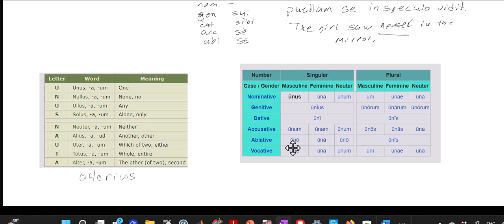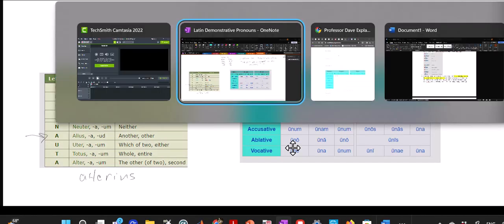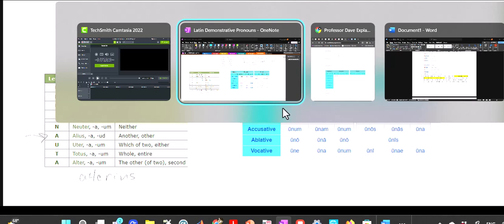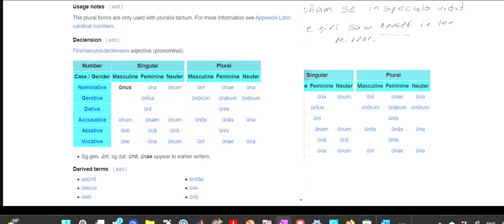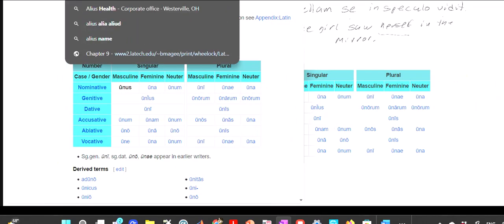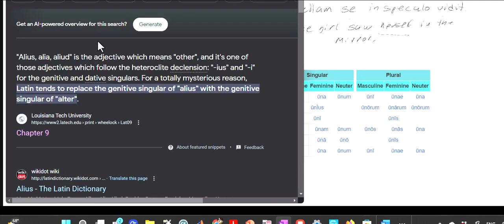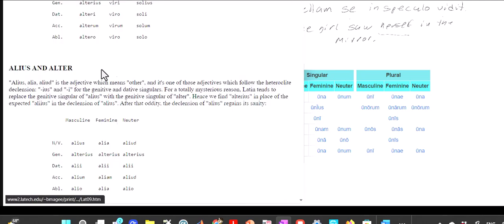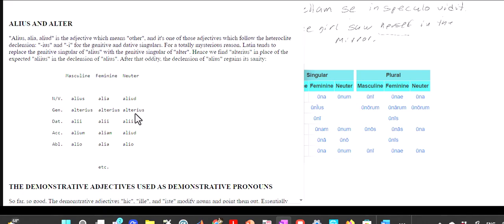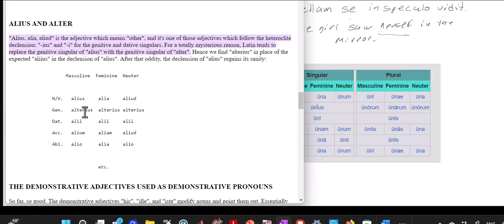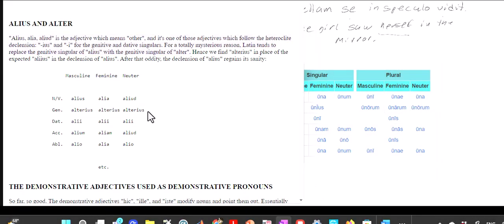But alius uses alterius for its genitive. So if you look up the declension of alius, you'll see its genitive form is alterius. And it has the ud ending in it, like some of those others.